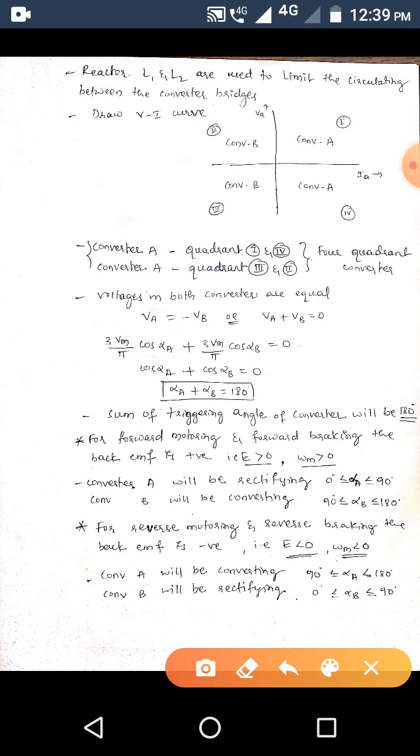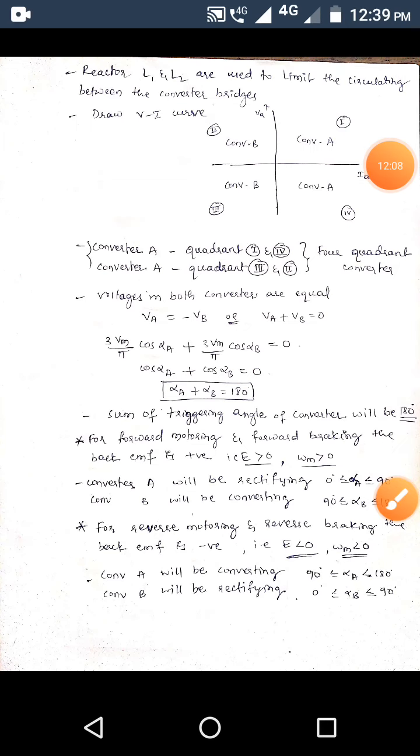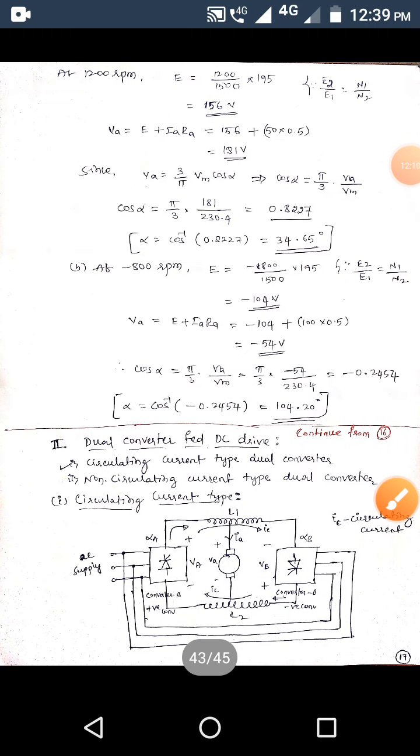Then the completely reverse operation happens compared to what we discussed in forward motoring and forward braking. Here converter A will be inverting, that is 90 to 180, and converter B will be rectifying, that is 0 to 90 degrees. This is about the circulating current type of dual converter fed DC drive.